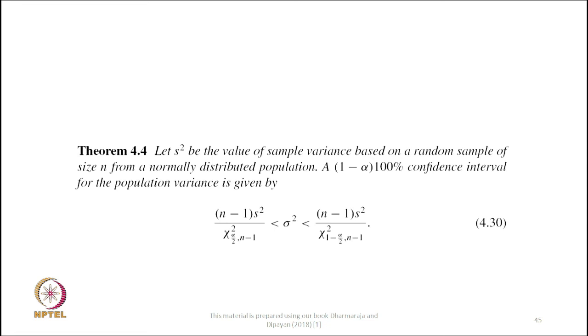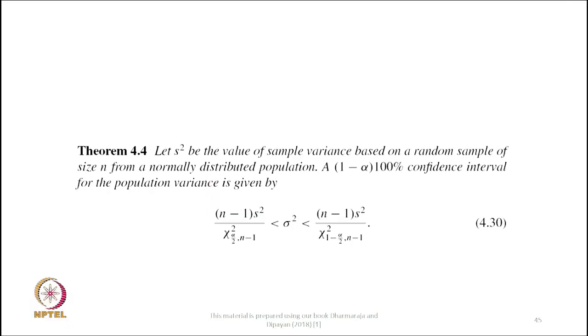Therefore, the probability that the statistic n minus 1 times s square by sigma square lies in that interval is 1 minus alpha. But we are looking for a confidence interval for sigma square, and sigma square comes in the denominator. Therefore, you have to rearrange it, and you will get this interval with 1 minus alpha 100% confidence.